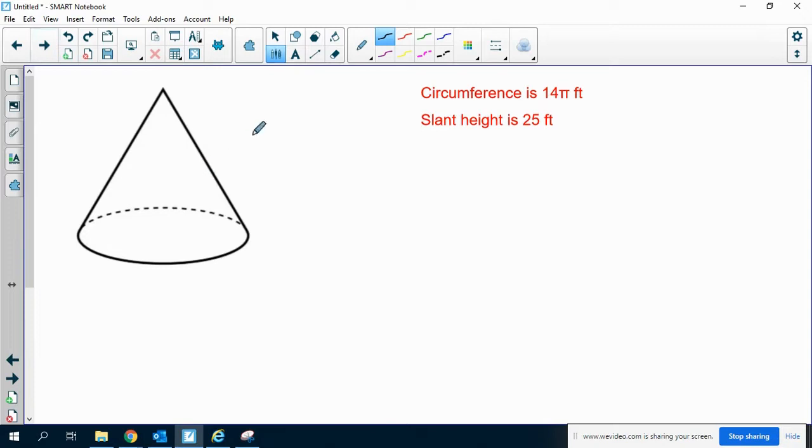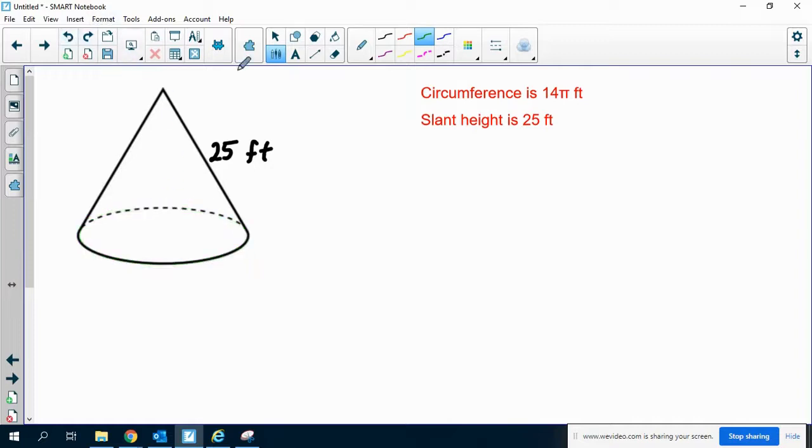Now let's do a cone real quick. The circumference is 14 pi feet, and the slant height is 25 feet. The circumference is all the way around.